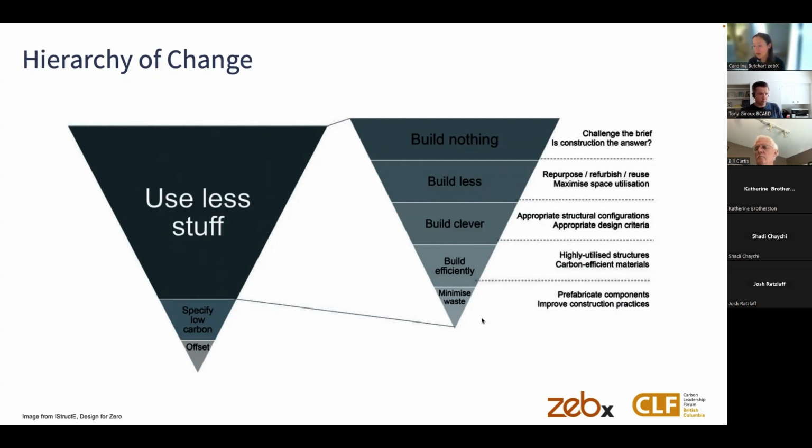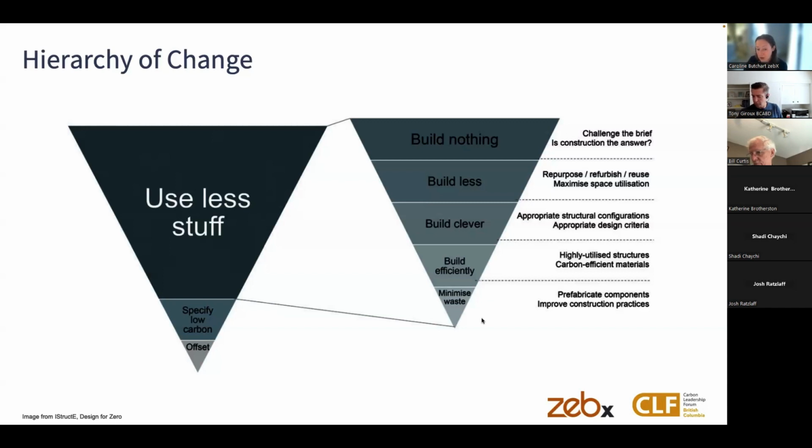In general, that might mean reusing buildings rather than demolishing them, or reusing parts of buildings that have been deconstructed on site, and then just being more efficient with the materials that we are using. So using pier foundations instead of continuous strip or pad foundations.